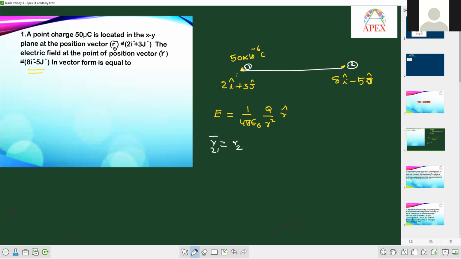So that is nothing but R2 bar minus R1 bar. See here, you have to calculate electric field at point 2 due to point 1. So that is equal to R2 bar minus R1 bar.